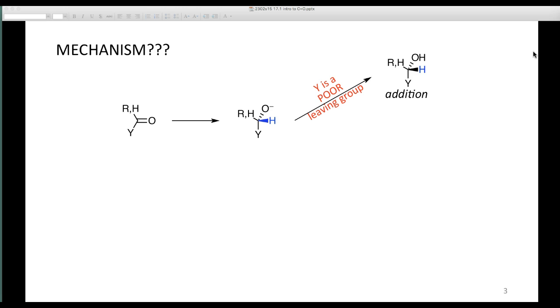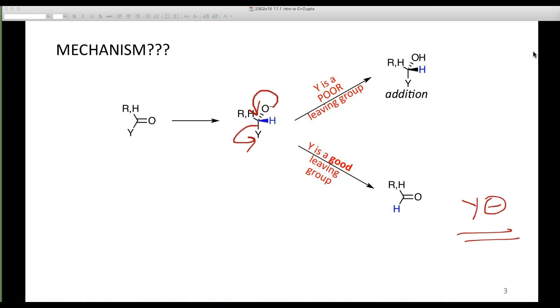On the other hand, if Y is either a good leaving group or can be converted to a good leaving group, then it stands to reason that that oxygen could slap its pi electrons back down, kick out Y-, again it has to be a good leaving group, and regenerate this very strong carbon-oxygen double bond.